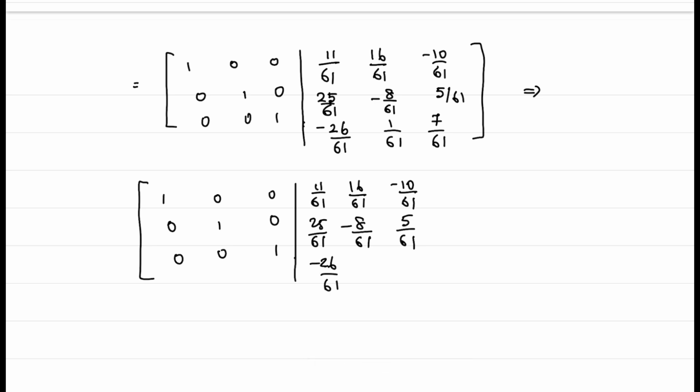I have taken a little bit lengthy matrix, and in the examination if a simple matrix is given, you can do it in seconds. This becomes I, this becomes A inverse.